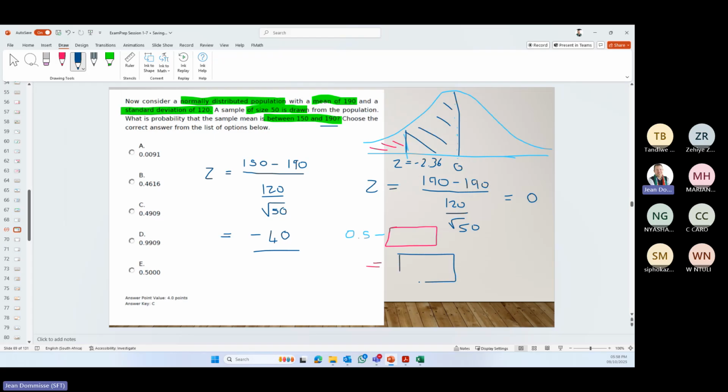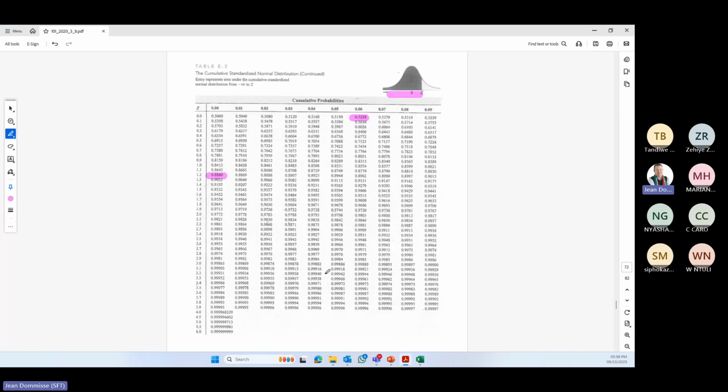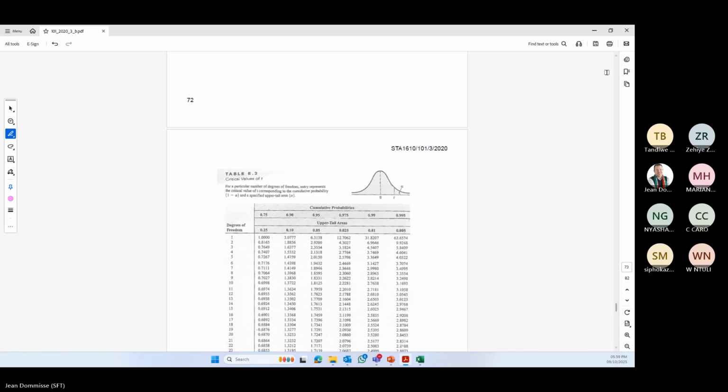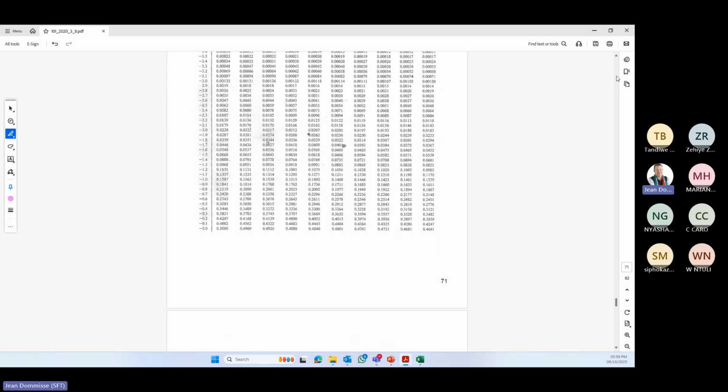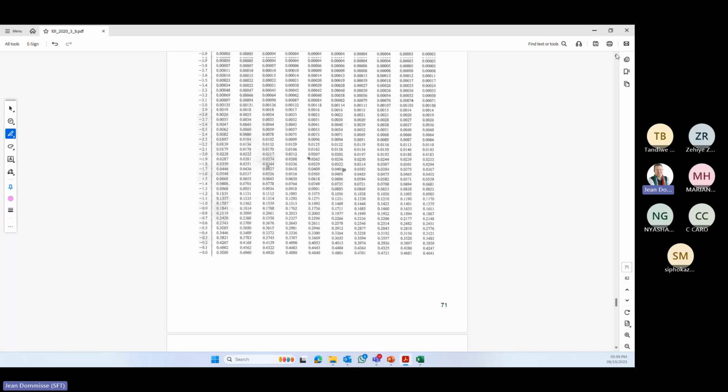So that will give us this area that we're looking for. So let's go and look at minus 2.36. It's not this table, it's going up, minus 2.36.